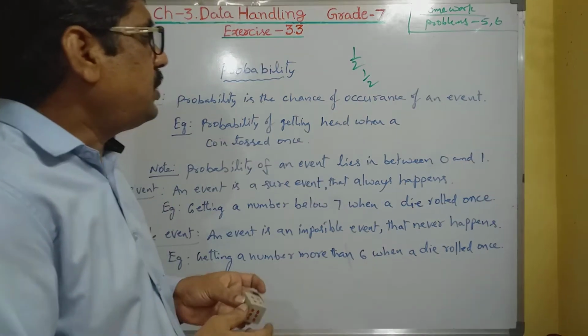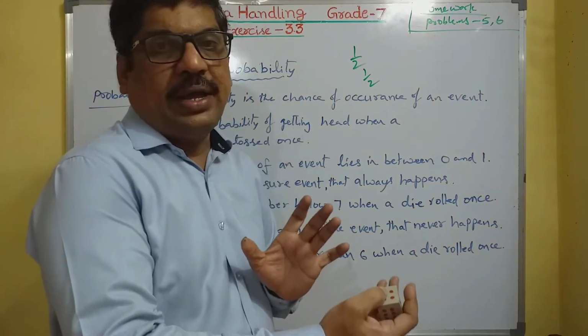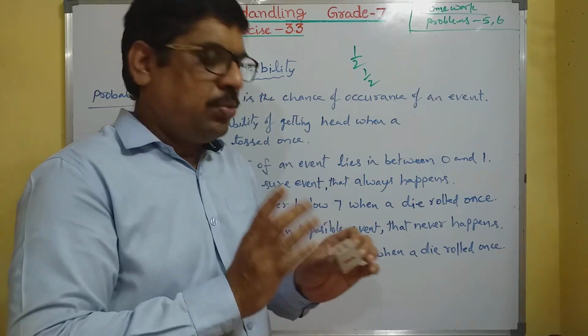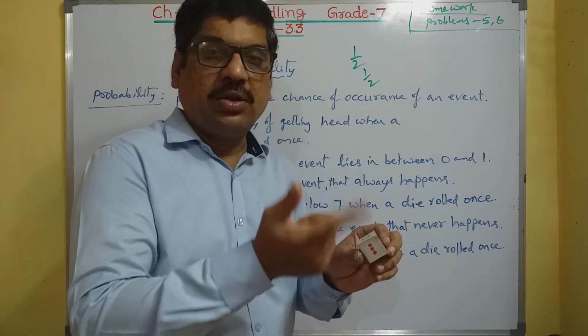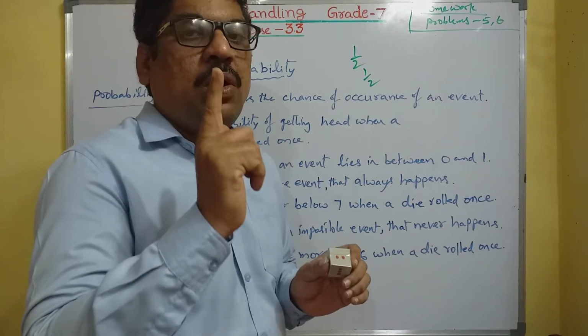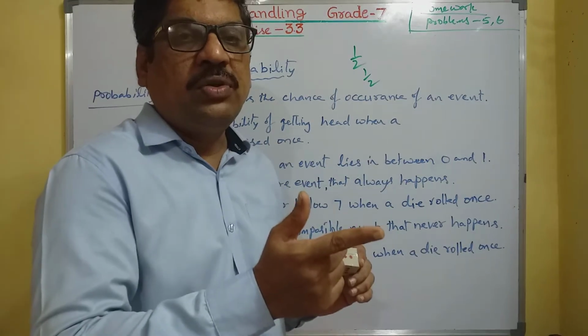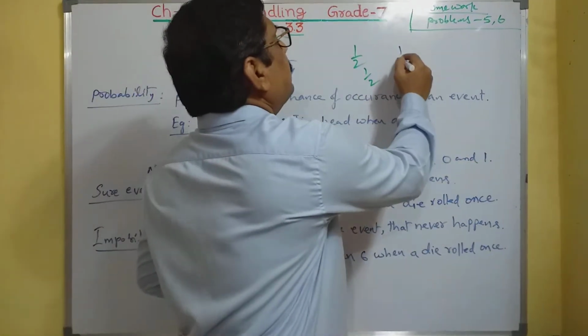Okay, so like that, there are 6 chances. When you throw a die, you may get either 1 or 2 or 3 or 4 or 5 or 6. There are 6 chances. If you have chosen one among those 6, the probability of occurrence of a particular one is 1 by 6.